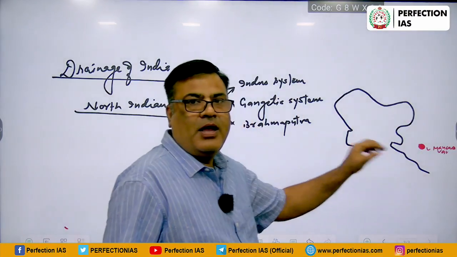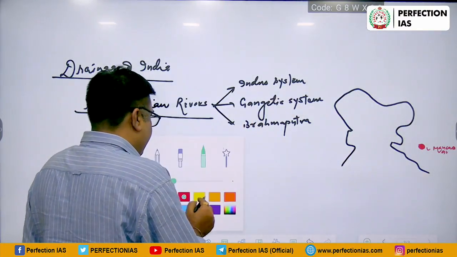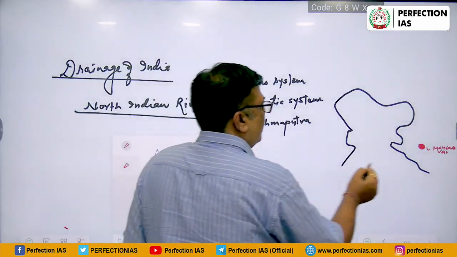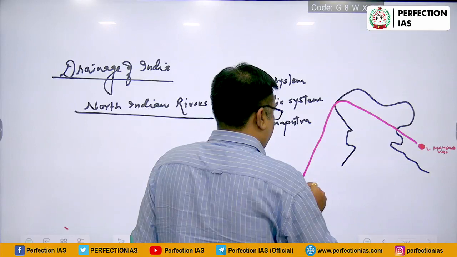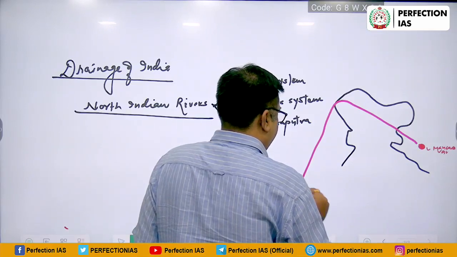From here the river originates this way, and it comes here and forms its delta.